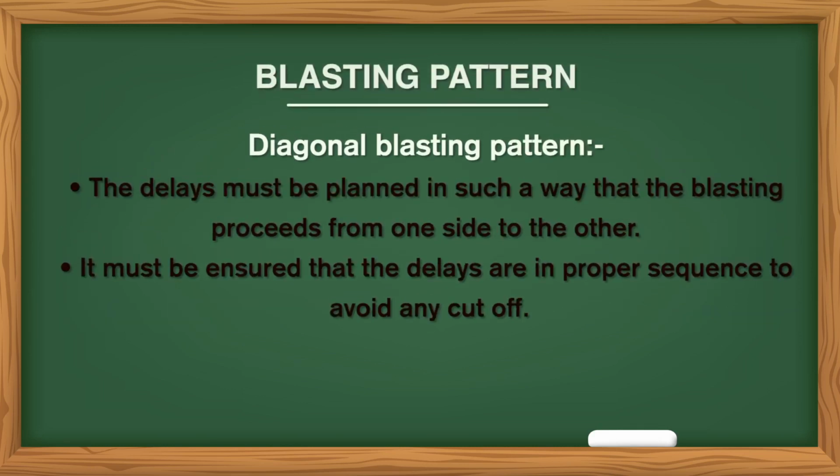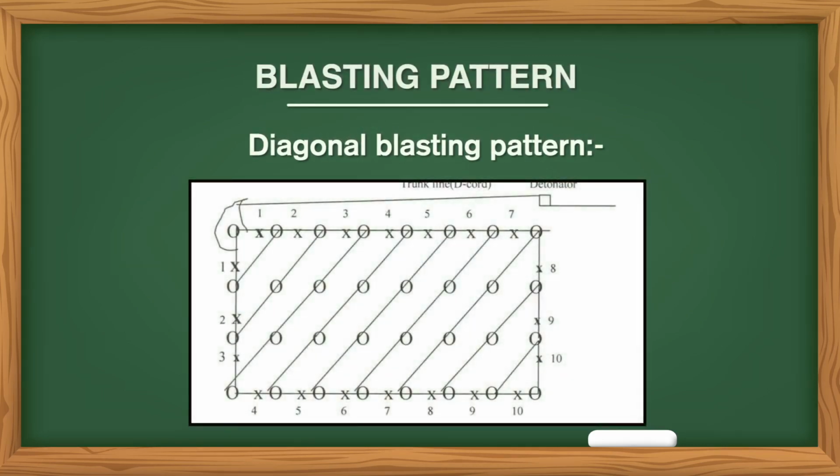The delay must be planned in such a way that the blasting proceeds from one side to the other. It must be ensured that the delays are in proper sequence to avoid any cutoff. Look at the figure. The actual diagonal blasting pattern is shown on the figure.